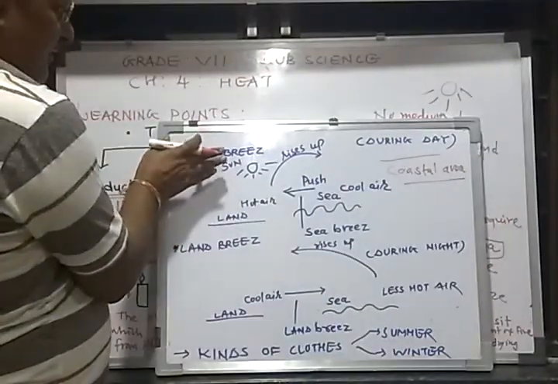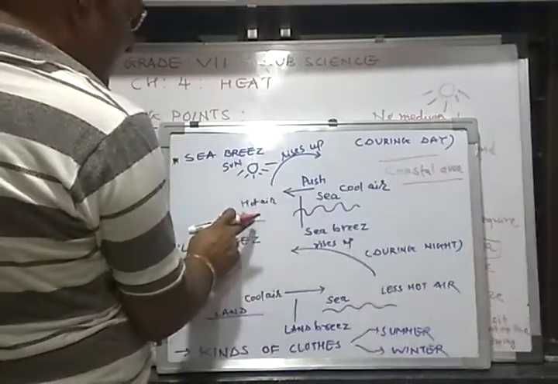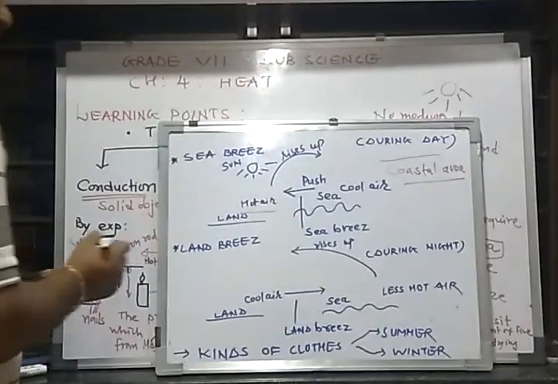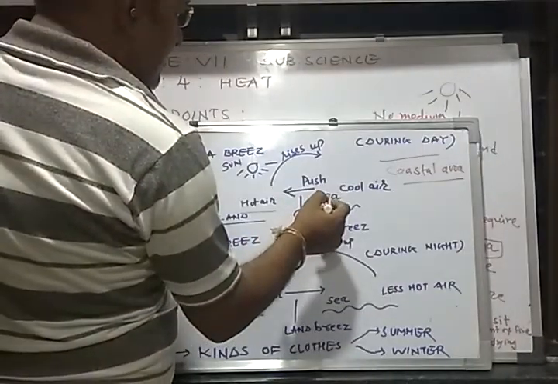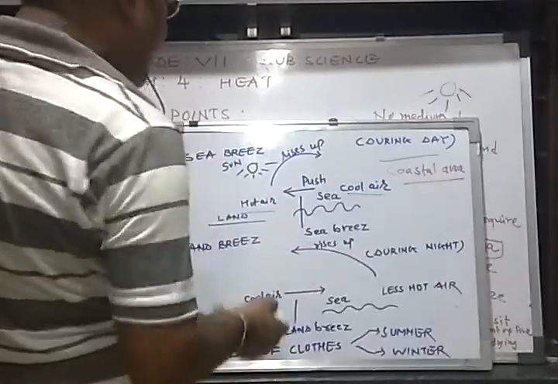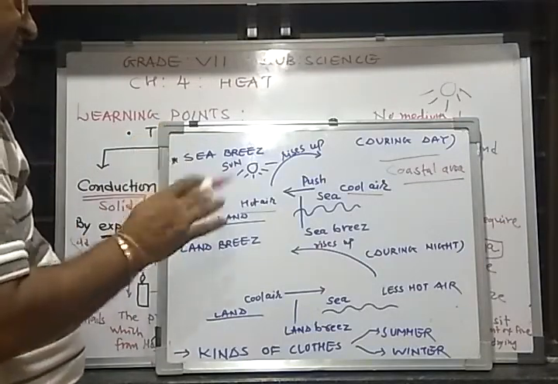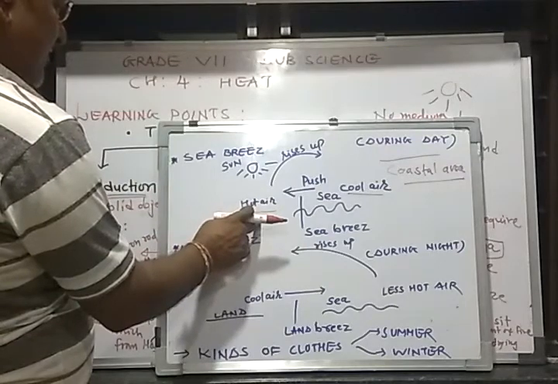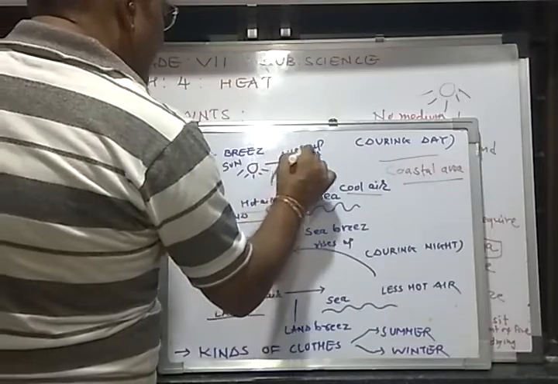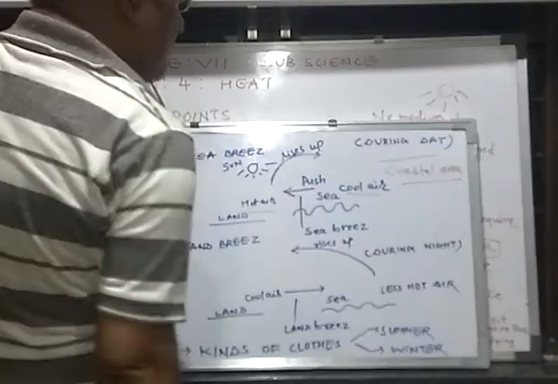So during the daytime, whenever the heat comes onto the land, it becomes hot air, right? And on the sea area, water is there, so the air is cool, right? Now, as per our concept, hot air rises up. Now the land started to heat, so the air moves up and goes towards the sea.